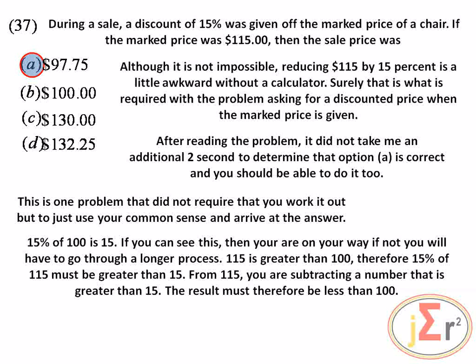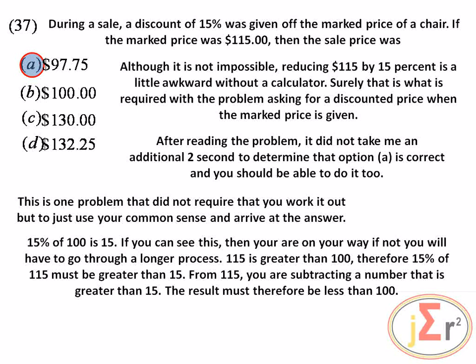So we have there 15% of 100 is 15. So 15% of 115 must be greater than 15. Therefore, by discounting, we will be reducing 115 by a number that is greater than 15.